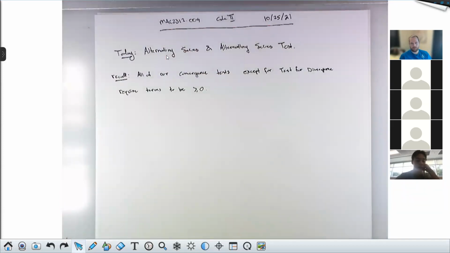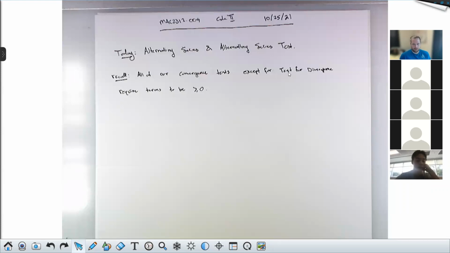So far we've had convergence tests where we can't handle series that have some positive terms and some negative terms. I'm not including the geometric series or telescoping series. Those really aren't tests, right? Those are just theorems that tell us what the series do. But the integral test requires that the corresponding function be positive, which means that the terms of your series are positive.